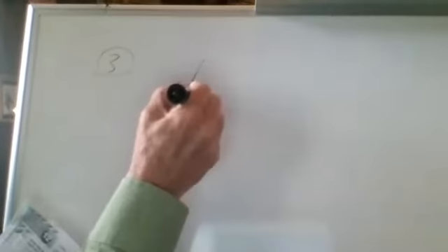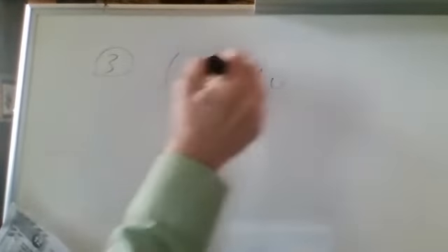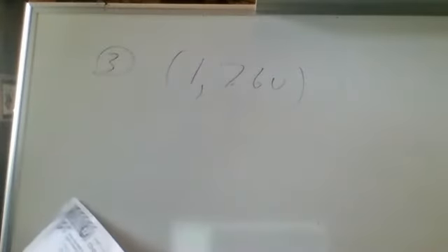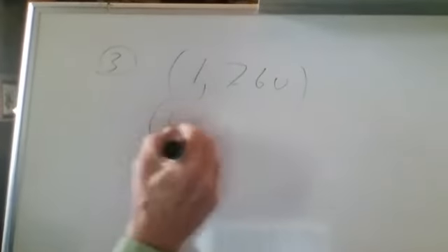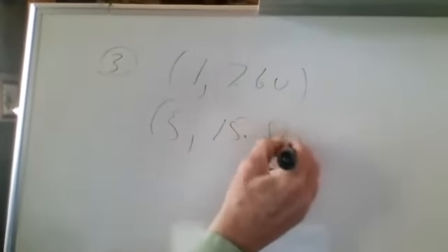All right, number 3. With a certain express mail carrier, the price for overnight delivery of a 1 pound package is $7.60. So that's really an ordered pair: 1, $7.60. The same service for a 5 pound package is $15.80.